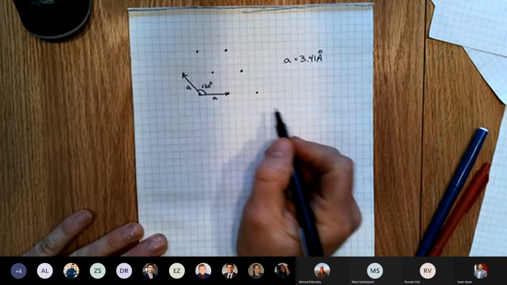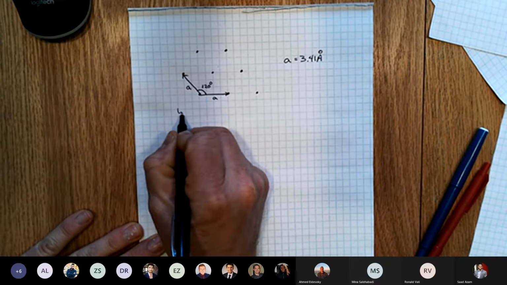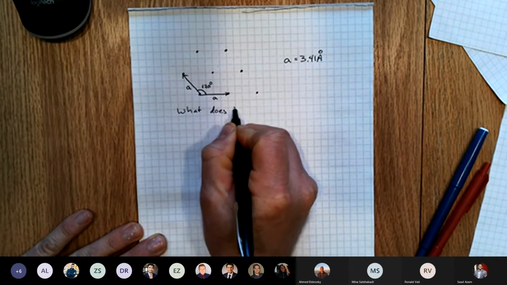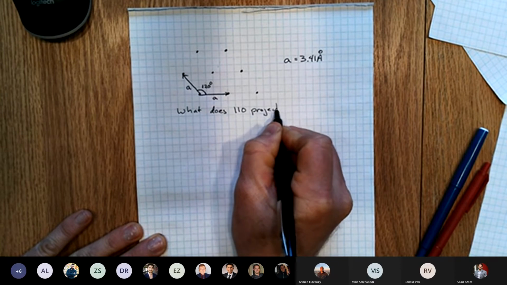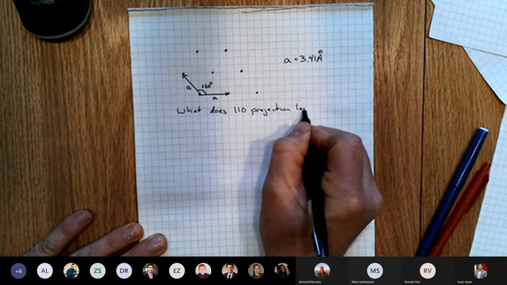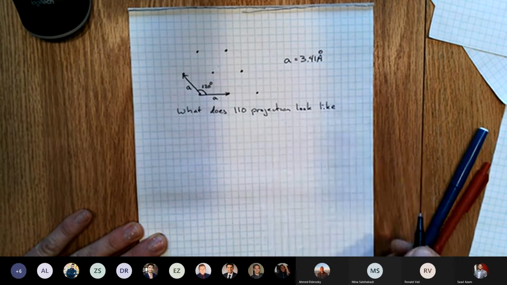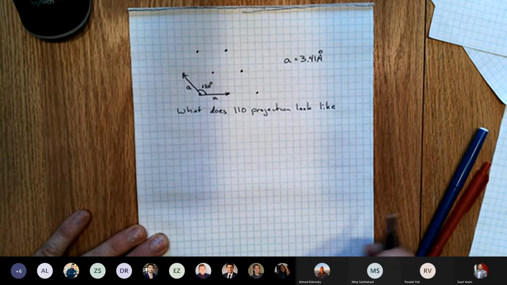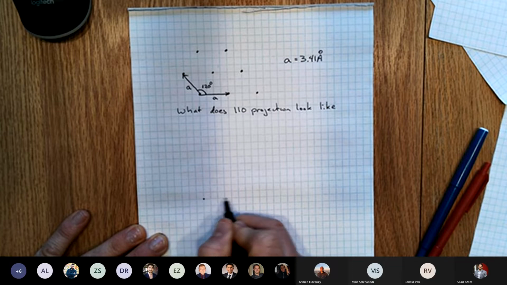So the question is, what does the 110 projection look like for titanium disulfide? The titanium atoms are on the A sites, and we'll draw this 110 projection.